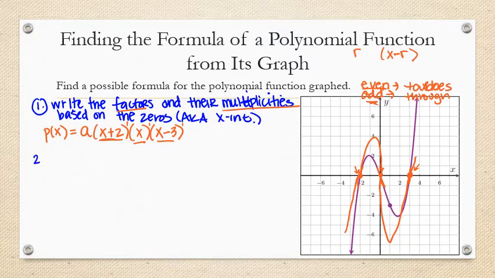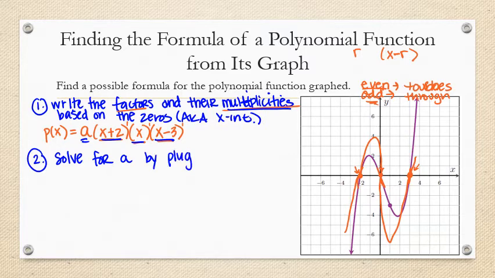So first step, write each of the factors and their multiplicities. Second step, solve for a. When you do step 1, always write an a in front. And you do that by plugging in a point that is not a 0.